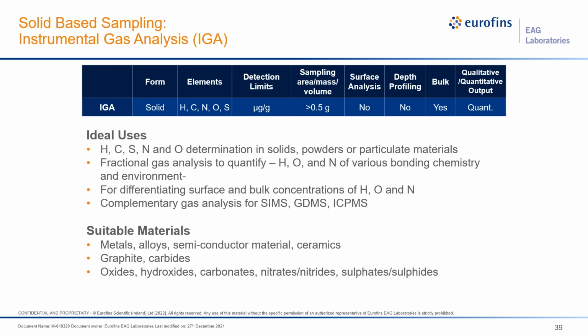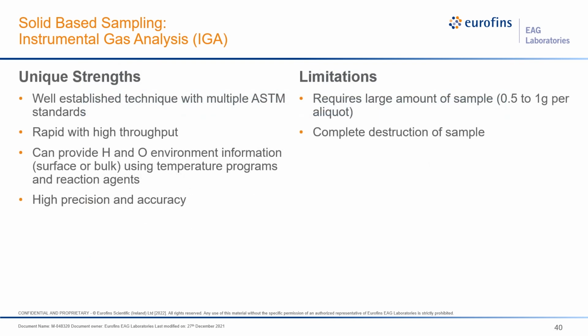Materials that IGA is suitable for include metals, alloys, semiconductor materials, ceramics, graphites, carbides, and then oxides and carbonates, for example, materials like that. The unique strengths of instrumental gas analysis is that it is very well established, so there are multiple standard methods and operating procedures available.